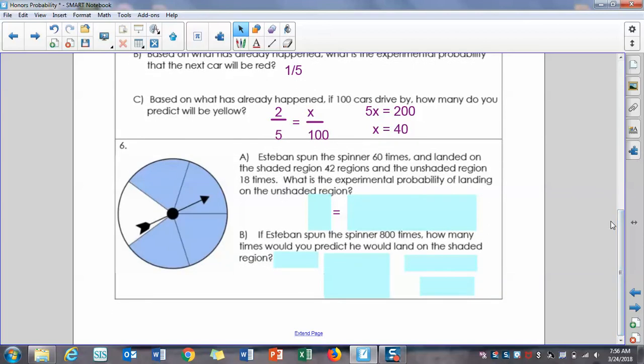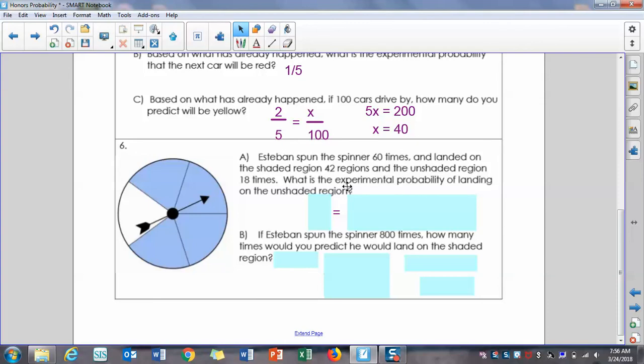Looking at number 6. Esteban spun the spinner 60 times and landed on the shaded region 42 times and the unshaded region 18 times. What is the experimental probability of landing on the unshaded region? So here we have one unshaded and the rest of these blues are shaded. Because it's asking for experimental, we're going to look at the information in the problem given to us.